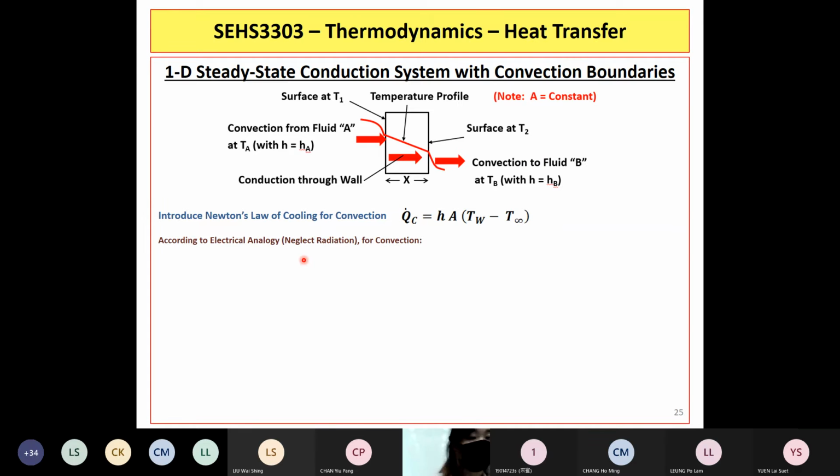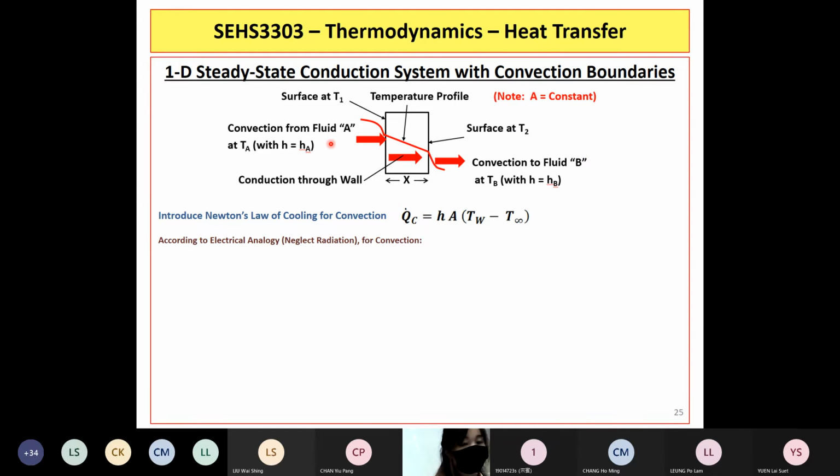So now we add convection boundaries to our conduction system. That is, we have again a solid plate, a solid slab, which is located between two different fluids. Fluid A with a higher temperature and fluid B with a lower temperature.